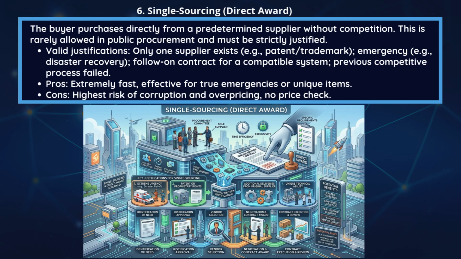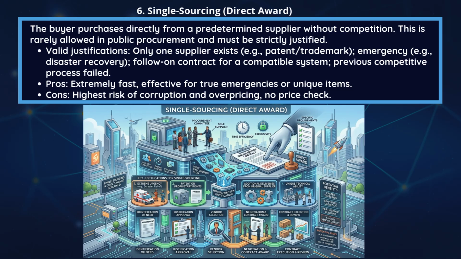The sixth one is single sourcing, or direct award. In this process, the buyer purchases directly from a predetermined supplier without competition. This is rarely allowed in public procurement and must be strictly justified. Valid justifications: only one supplier exists, for example patent or trademark; emergency, for example disaster recovery; follow-on contract for a compatible system previously competitively procured.